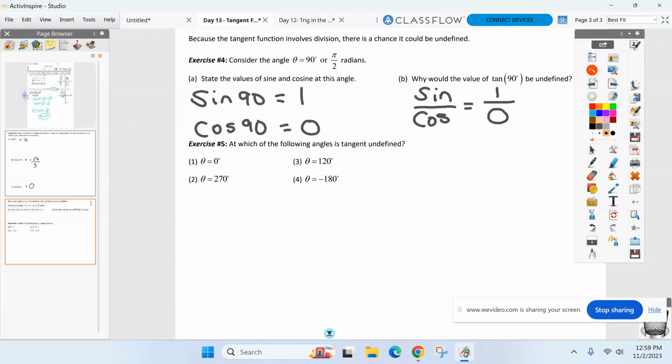No, you need to change your interval from 270 to 360. And what do you got? 270. All right.